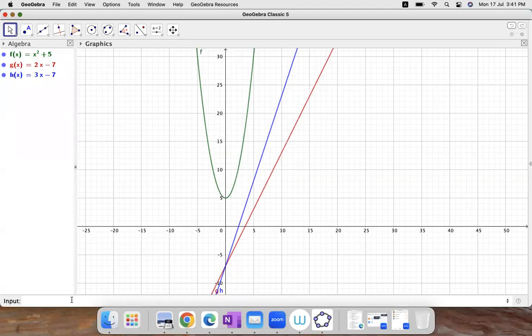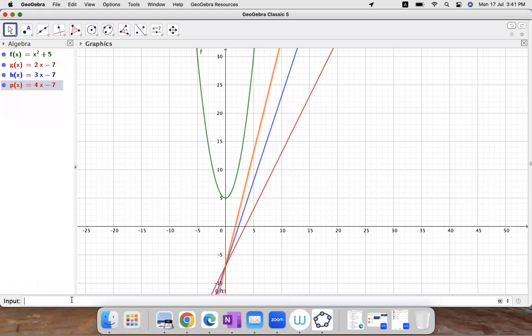Are you getting the point? I'm increasing the gradient. 4x minus 7. What's happening? Increasing the gradient, it is coming closer to the curve, and at one particular value, it will just touch. Before that, these cases are b square minus 4ac less than 0. One case would be it is touching the curve, and more than that, it will intersect at 2 points.